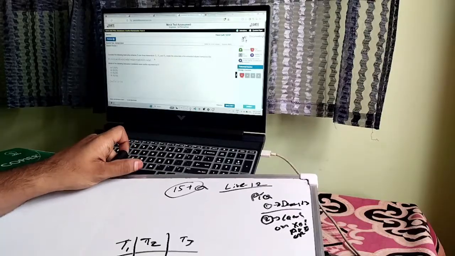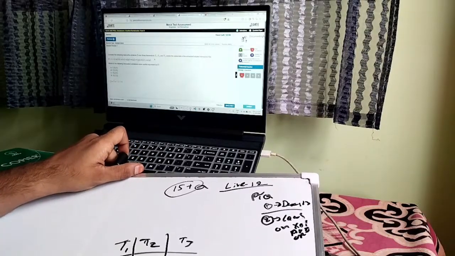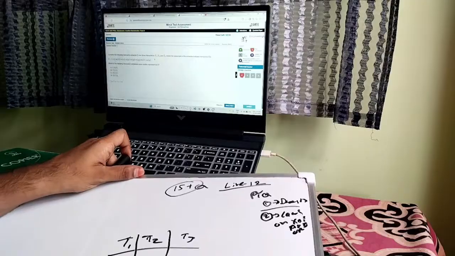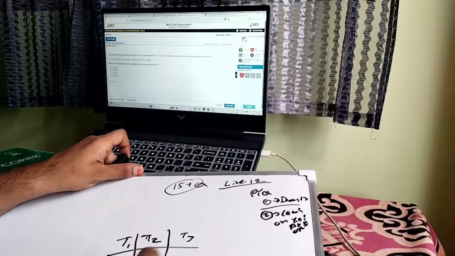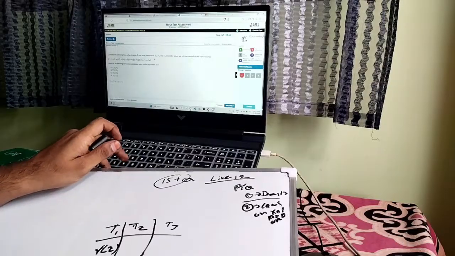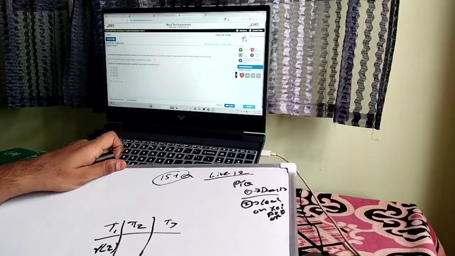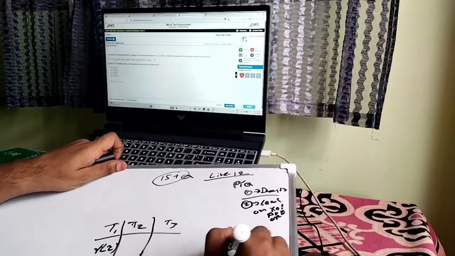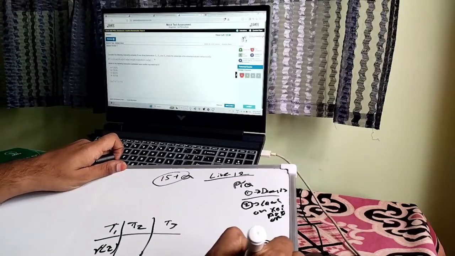Next, W of X. Next, W5. So these are the schedules for the three transactions. These are not conflict. Okay. Let's do T1, T2, T3.